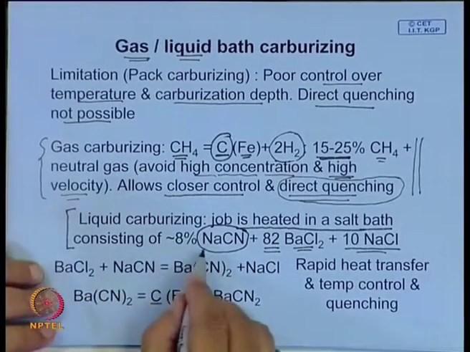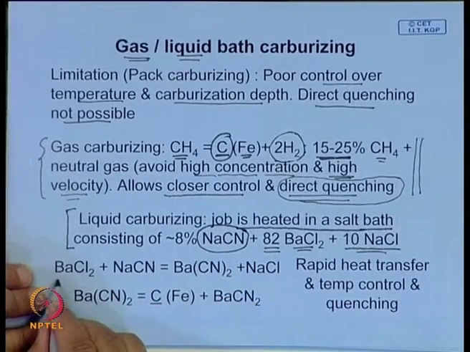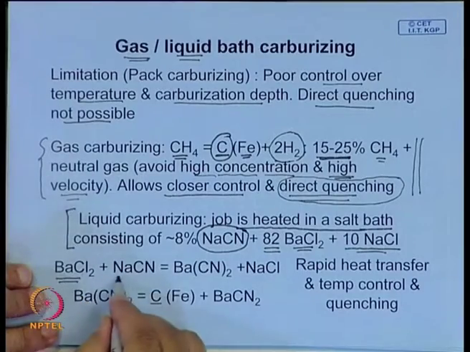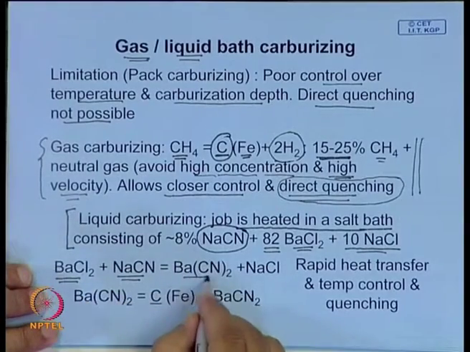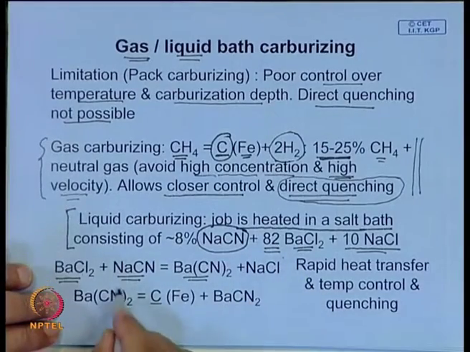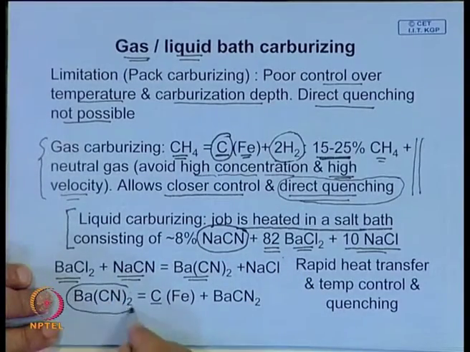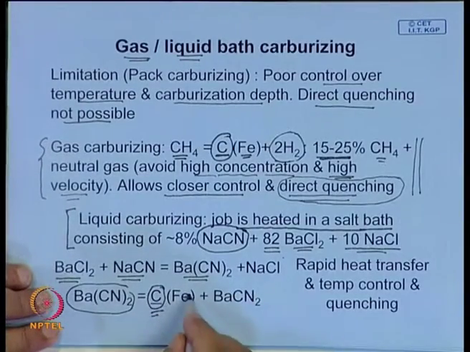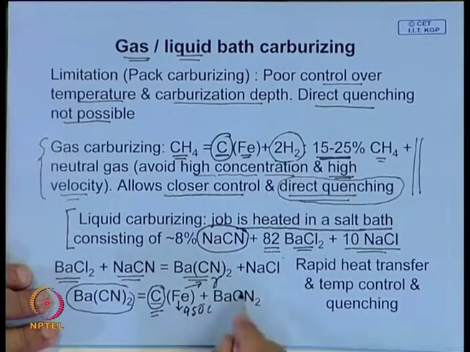The reactions given here: barium chloride reacts with this and forms barium cyanide and sodium chloride, and this decomposes near the steel surface giving nascent carbon, which dissolves in iron at this temperature of around 900 or 950 degrees centigrade, where the steel will be in the austenitic state.